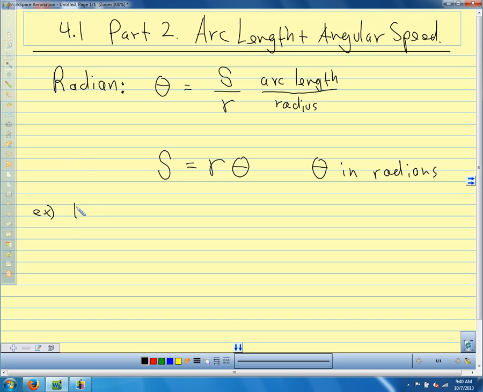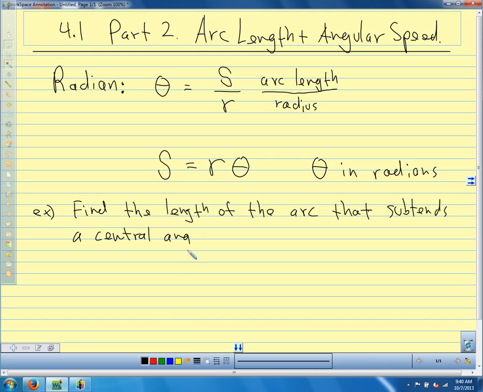So we want to find the length of the arc that subtends a central angle of 120 degrees in a circle with radius 5 inches.